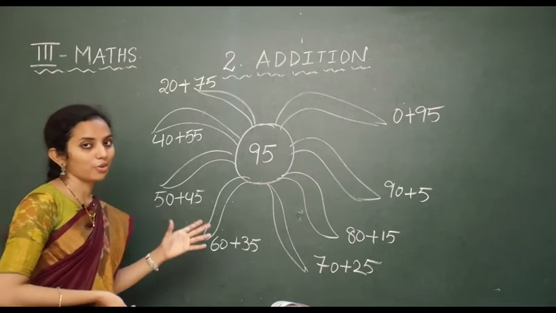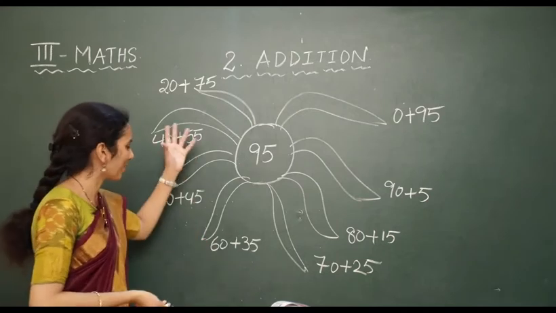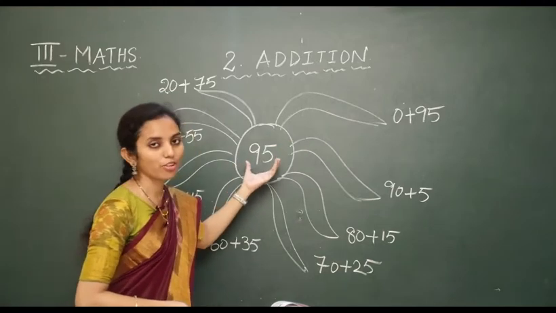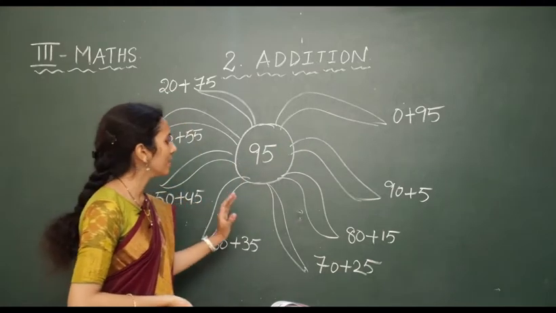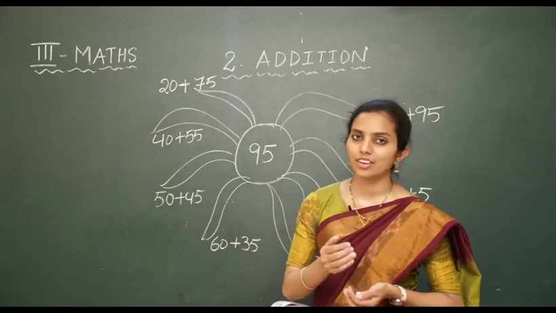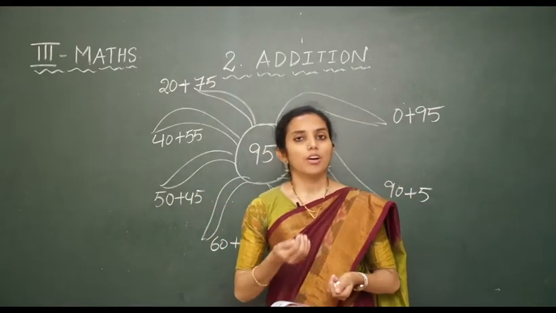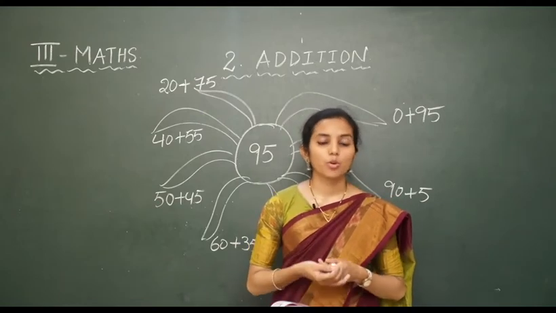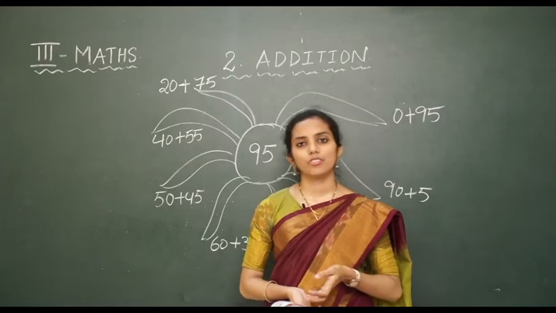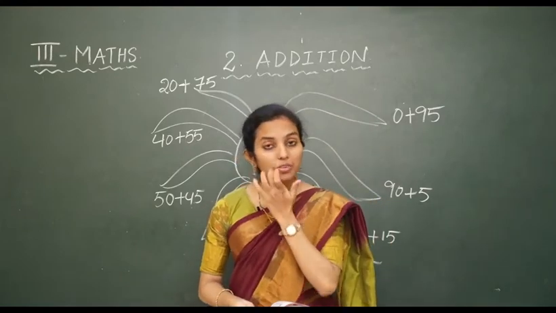So as there are only 8 legs to the spider, we are only writing 8 ways of splitting the number 95. So in this manner, we have different spiders given in our textbook for our practice sake. So what are the numbers given? 45. Split the number 45 in as many ways as you can.